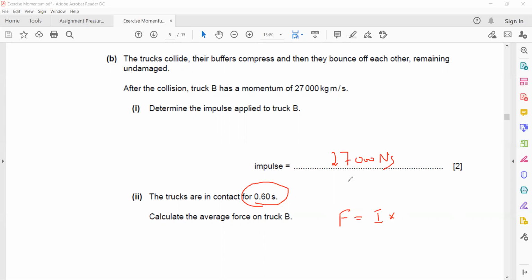Impulse is equal to force multiplied by time. So force is impulse divided by time. You already have the impulse, 27,000, divided by 0.6. You will get the resultant force.